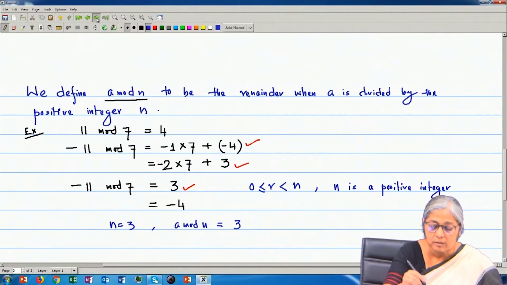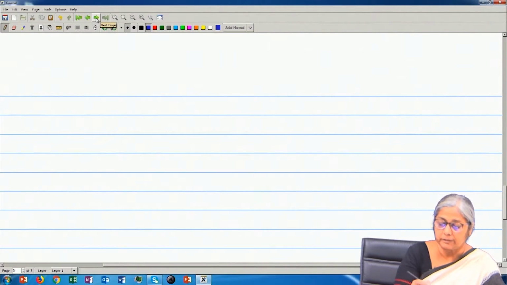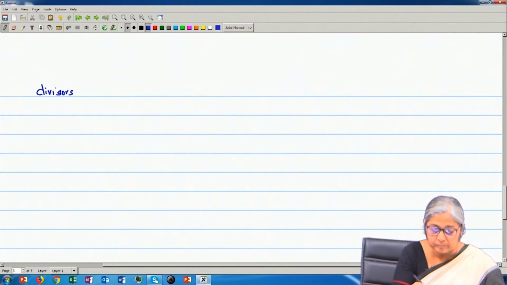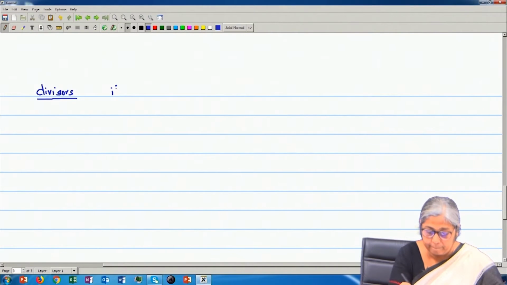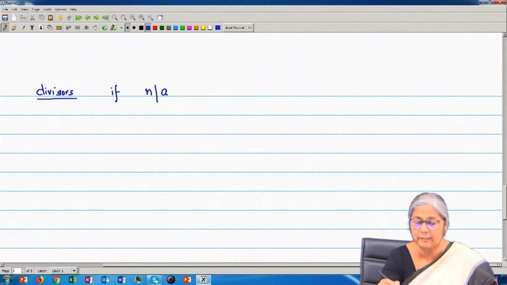Now, all of this we know, but again I repeat, sometimes we call them divisors. Normally a divisor is when there will be no remainder. If n divides a, we normally write it this way, n divides a.